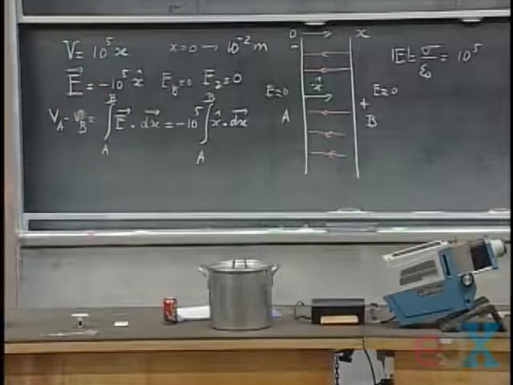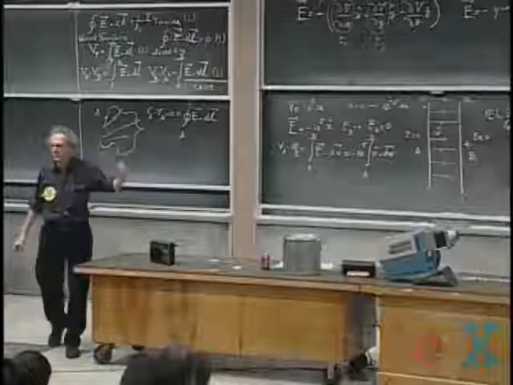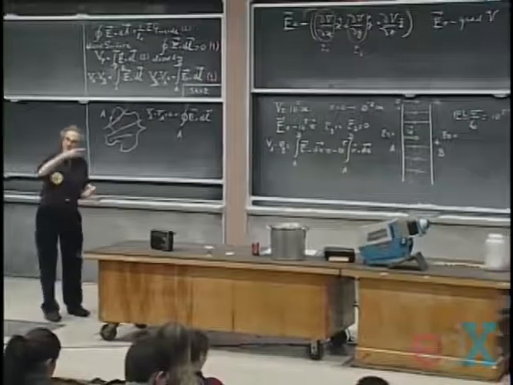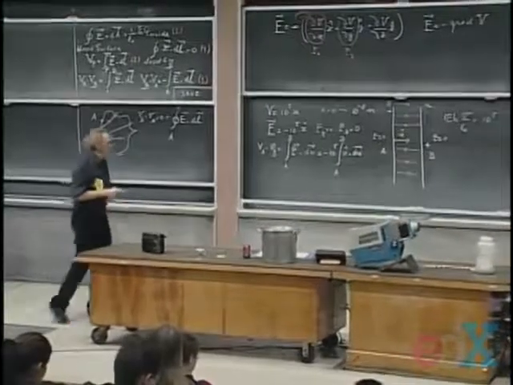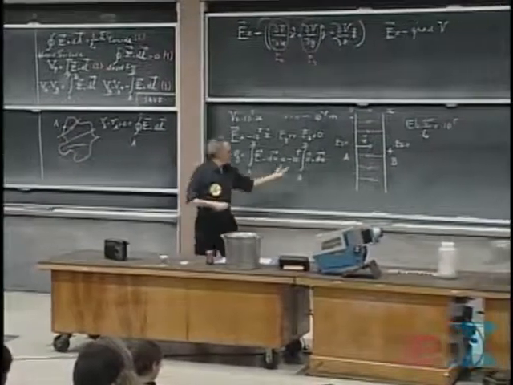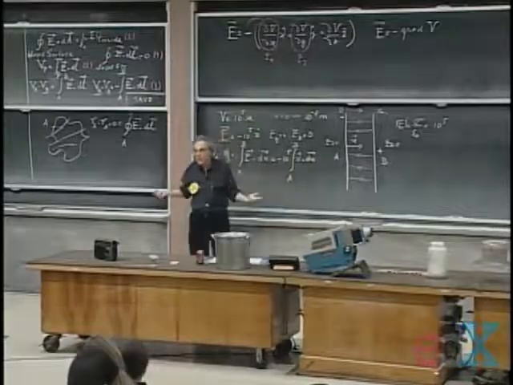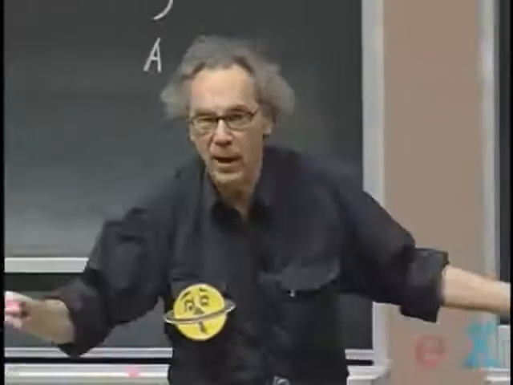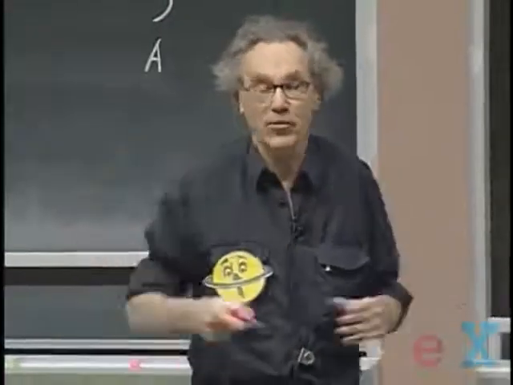Looks scary, but it is trivial. X roof is the unit vector in this direction. And dx is a little vector dx in this direction. So they're both in the same direction. So the cosine of the angle between the two is 1. So I can forget about vectors, I can forget about the dot.